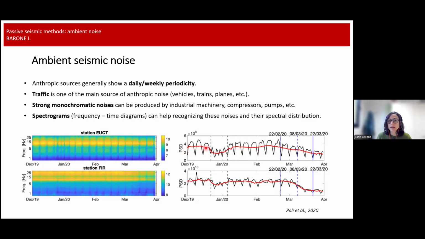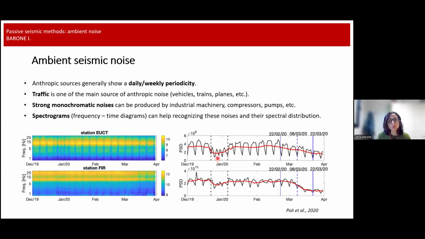We can clearly see there has been a drop of the overall energy in January 2020. Then the energy was rising again, and then it was smoothly dropping again. So this was a period of strong restrictions.